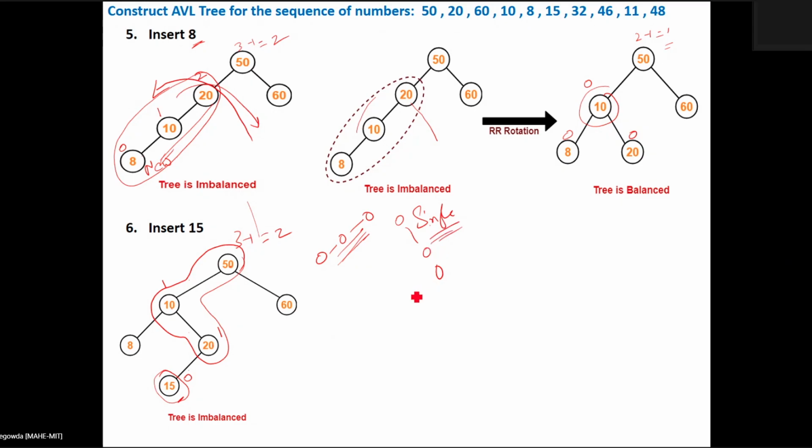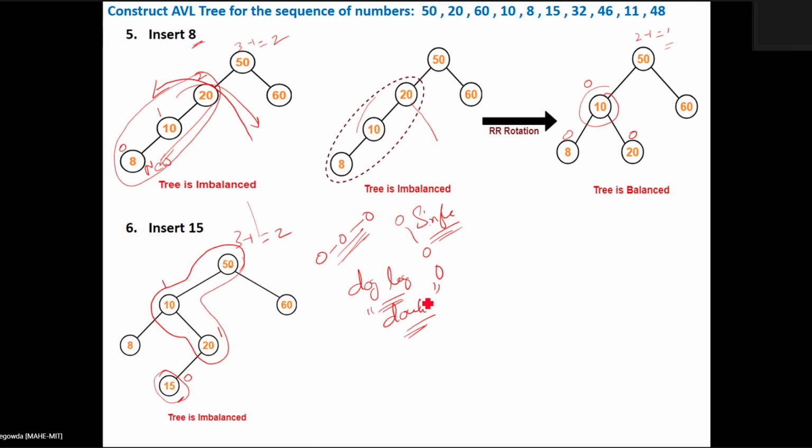Suppose the imbalanced nodes are in the bend form, or you can call it the dog-leg form. If the imbalanced nodes are in the dog-leg form, you need to apply the double rotation. So now you need to apply the double rotation in order to balance the tree.